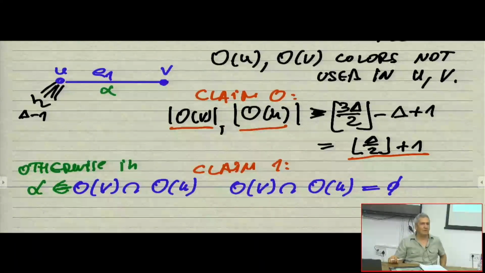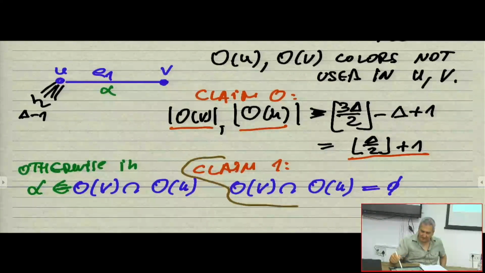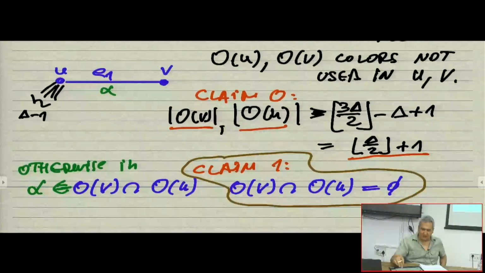There is no problem at vertex U because alpha doesn't belong to the colors used at U, and also no problem at vertex V, and we are done. So this is claim 1.